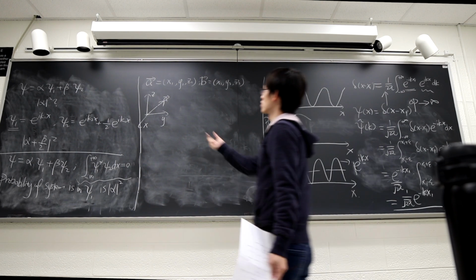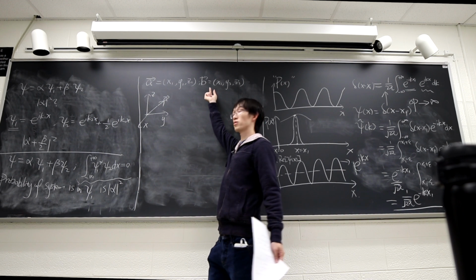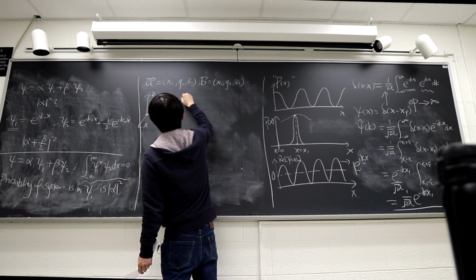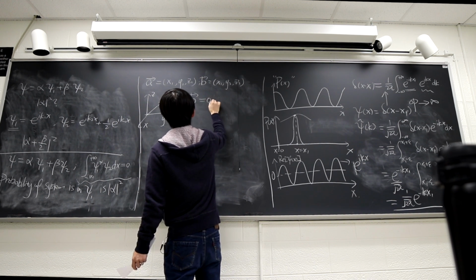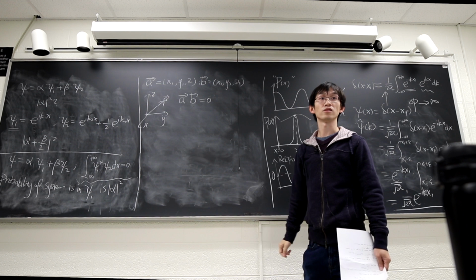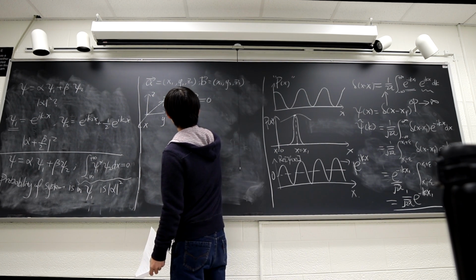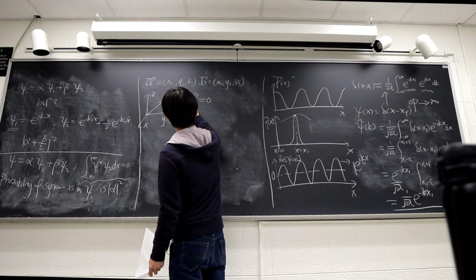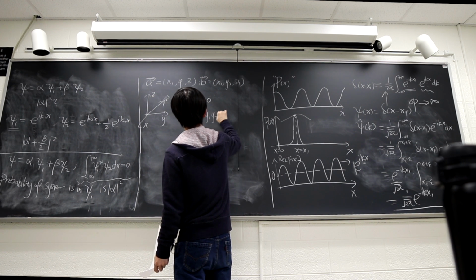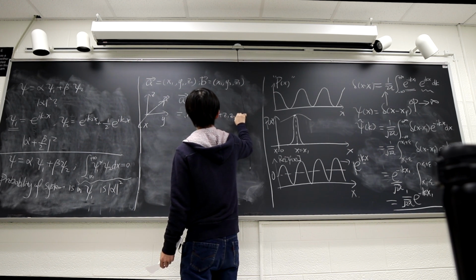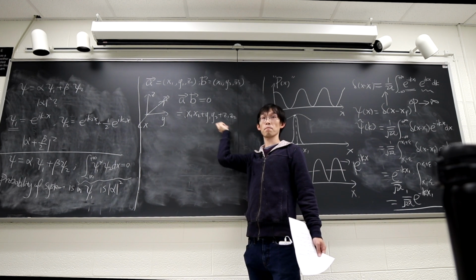The definition of these two being orthogonal, perpendicular to each other, is A inner product with B equals 0. Everyone is very familiar with this. This inner product also equals x1 x2 plus y1 y2 plus z1 z2. It's a sum of the products of the components.